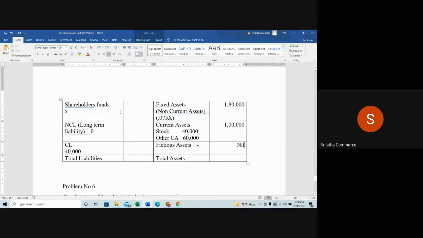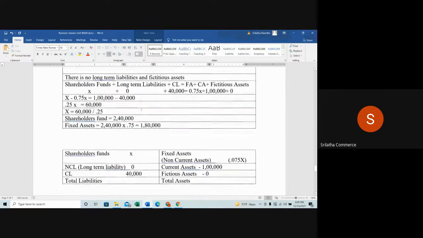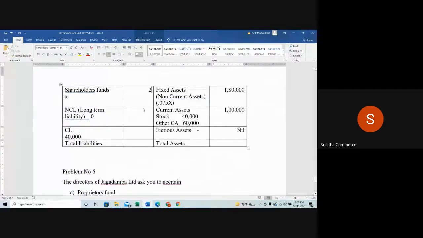Shareholders' funds are 2,40,000. In that, what had he given? Reserves and surplus.